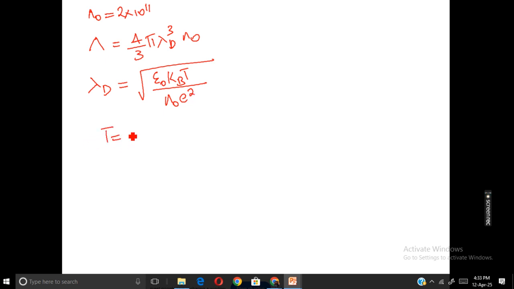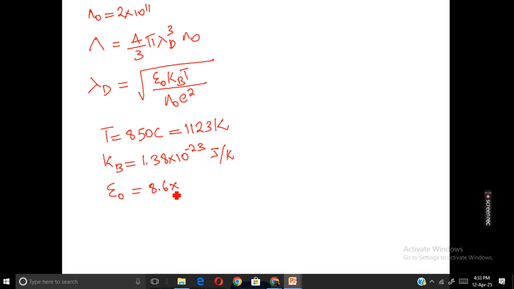So lambda d is given by root of epsilon 0 kB T by n0 e square. T is given as 850 degrees Celsius, which is 1123 Kelvin. Boltzmann constant has a value of 1.38 into 10 raised to minus 23 joule per Kelvin. Epsilon 0 is 8.6 into 10 raised to minus 12. The charge of the electron is 1.6 into 10 raised to minus 19 coulomb.